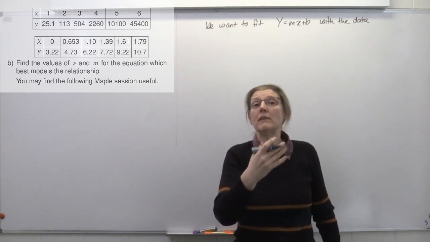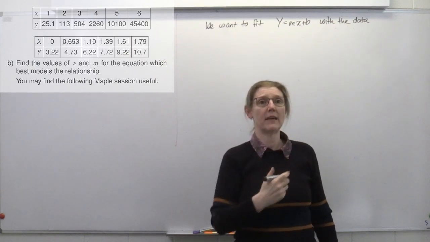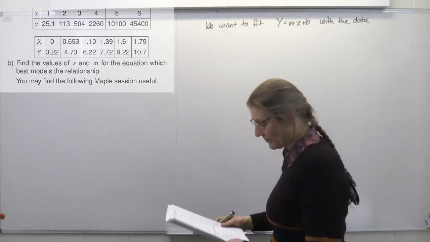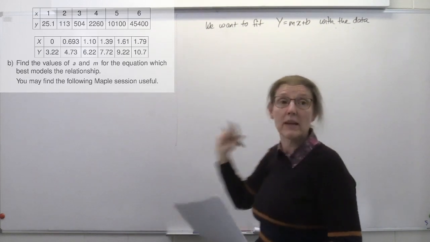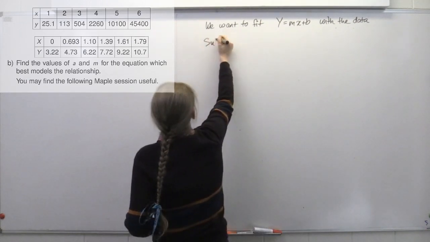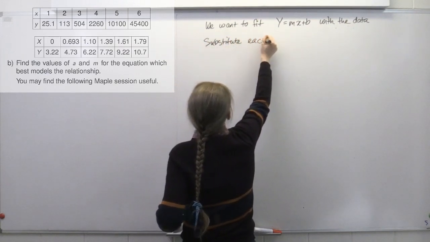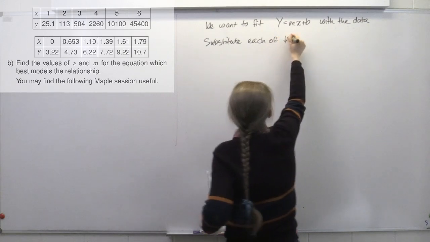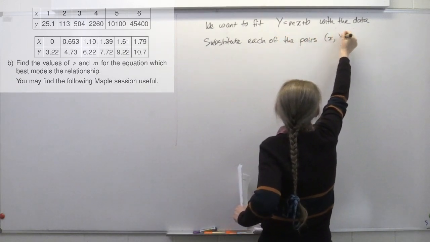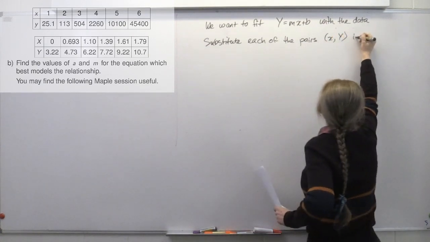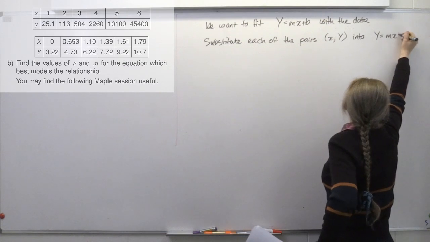What we're going to do is assume that each one of those points actually satisfies the equation. So if we want to fit this, then we're going to substitute each of the pairs of data, x and capital Y, into y equals mx plus b.